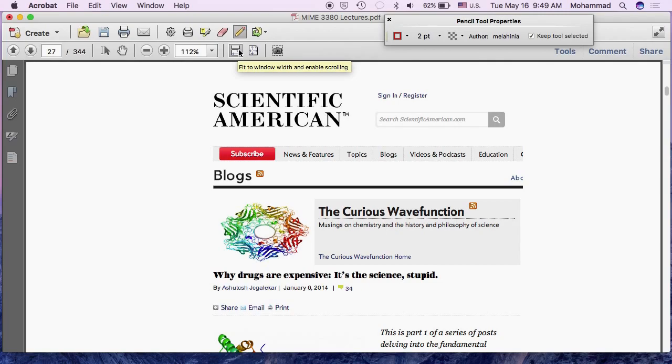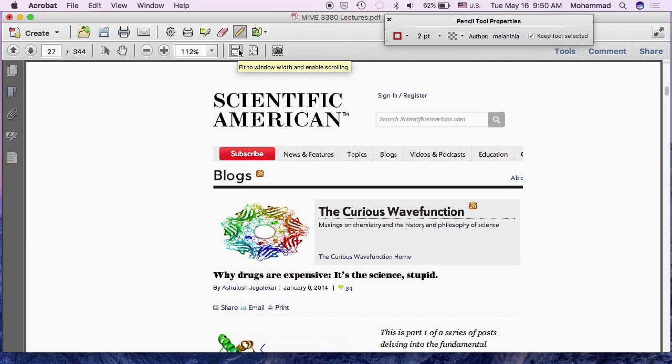Of course, these affect living systems, but they're not themselves living systems. The reason I've taken this blog from Scientific American is to show you the application of the methodology that we're learning here in other disciplines.